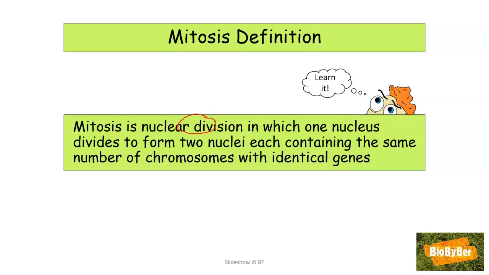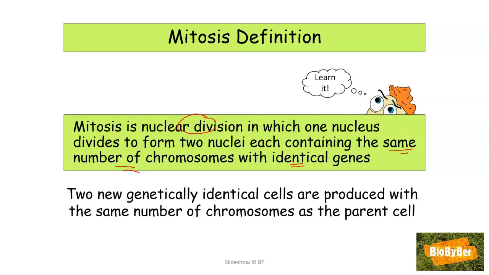Nuclear division in which one nucleus divides to form 2 nuclei, each containing the same number of chromosomes with identical genes. This idea is terribly important: the 2 new cells that are created will have the same number of chromosomes as the parent cell, with identical genes on each of these chromosomes.